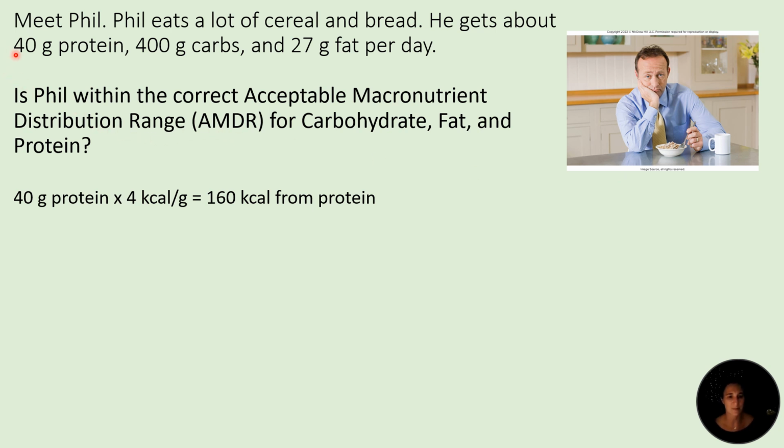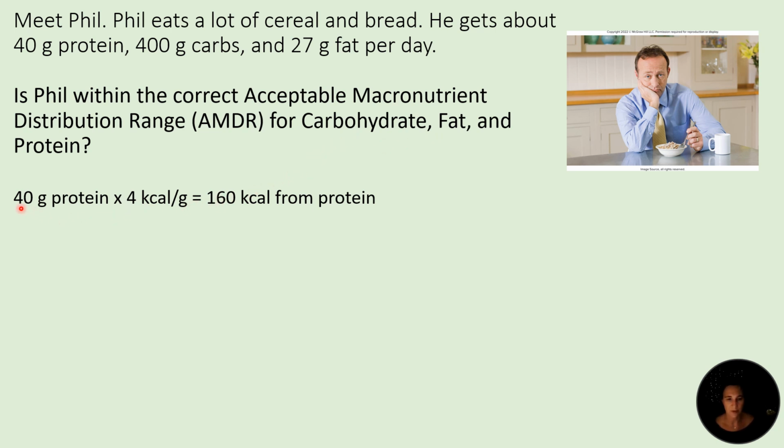Every day, he gets about 40 grams of protein, 400 grams of carbohydrates, and 27 grams of fat per day. So we are going to use the AMDR, those numbers that I just showed you on the previous slide, to see if Phil is within the correct AMDR for each of the energy-yielding nutrients, carbohydrates, fats, and protein.